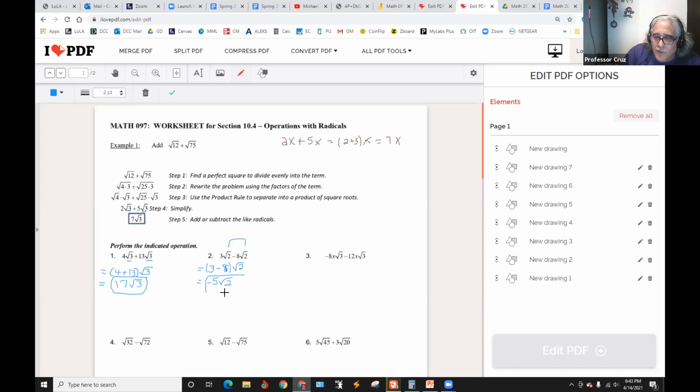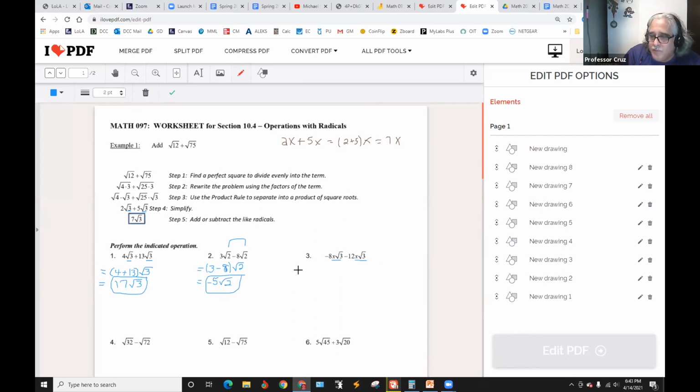Now this next one, let me just kind of show you. I'm going to give you some of these to work on your own, but there, we're not including just the root, but also the x.